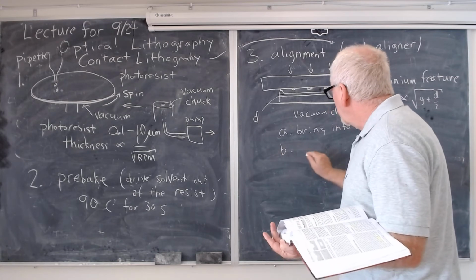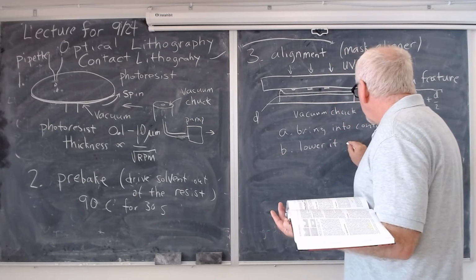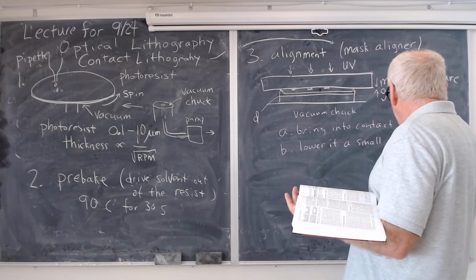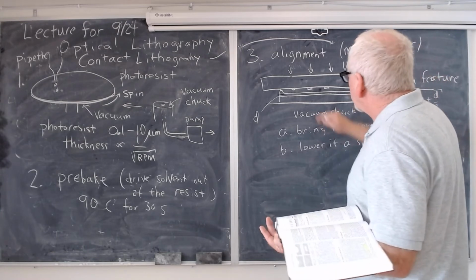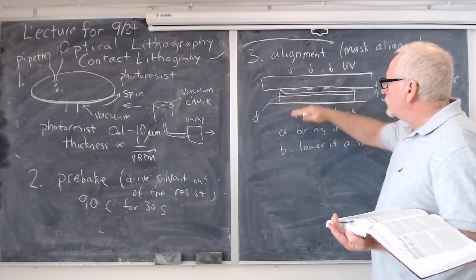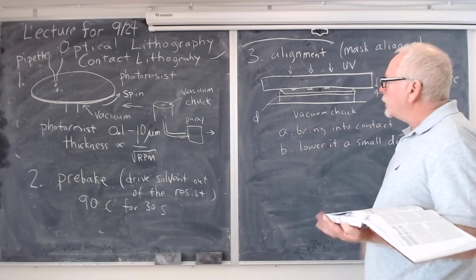Then B, you lower it a small distance. This wafer chuck is on a stage and you can raise and lower it. So you bring it up into contact and then you bring it down a little bit.